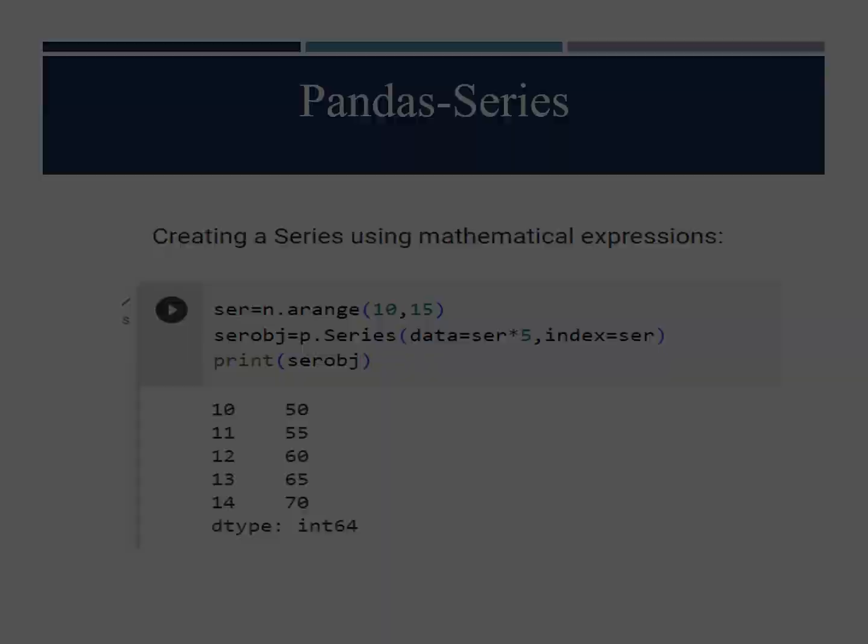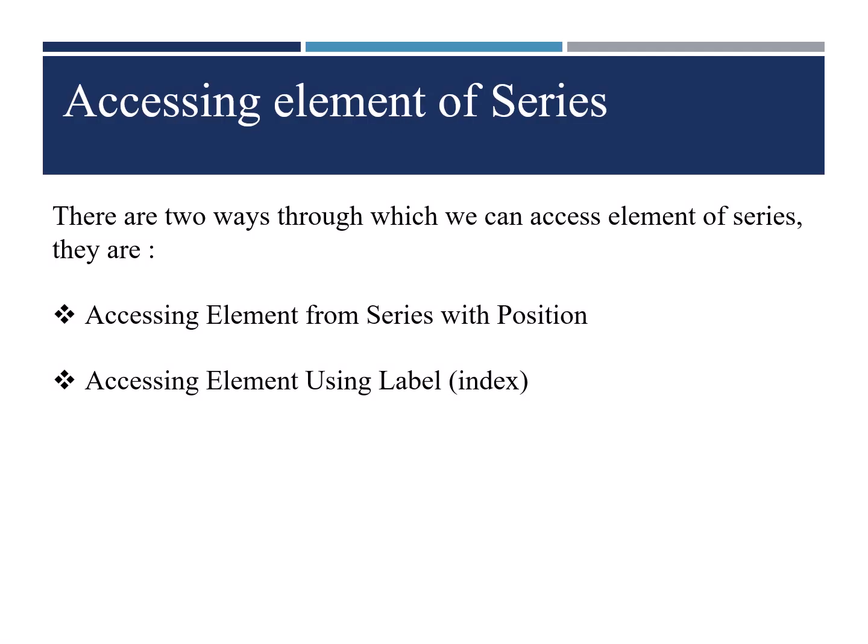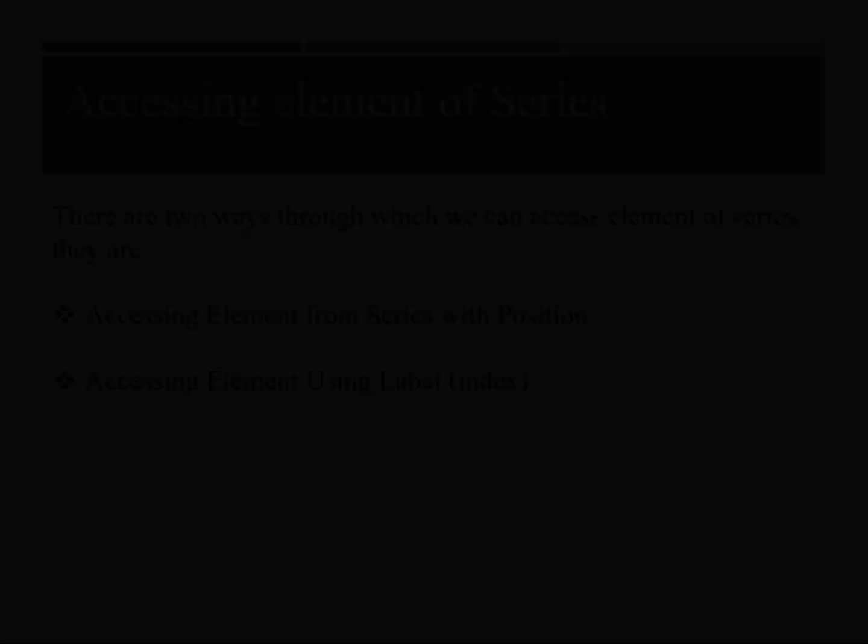Now the next data structure we are supposed to discuss is the data frame. Before we discuss the data frame, accessing elements from the series. There are two different ways we can access elements from the series. One is accessing elements from series with position, and the second option is accessing elements using label, that is by using the index.